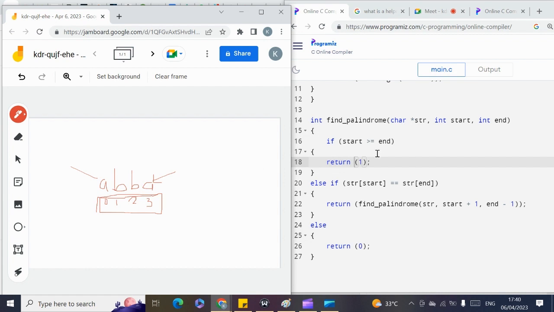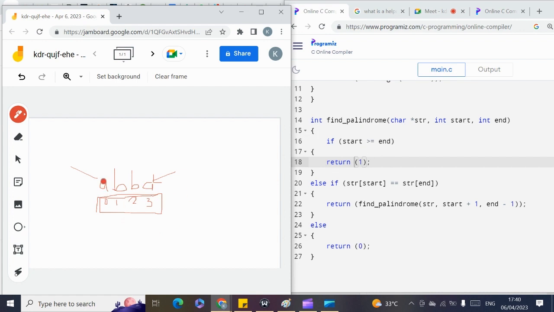at the first recursion, this one won't work because start is starting from here, so there's no way start will be greater than or equal to the end. So it will go through the recursion on several occasions before it can be greater or equal to end.